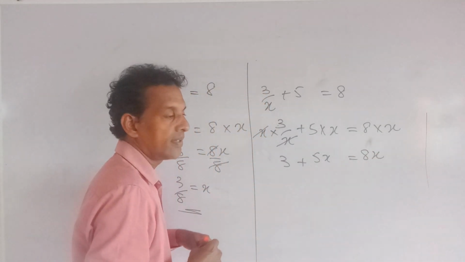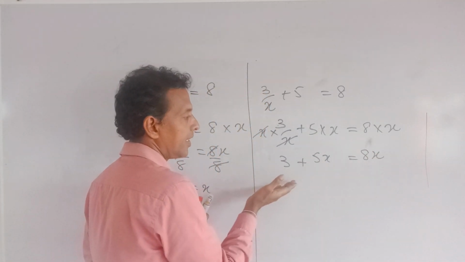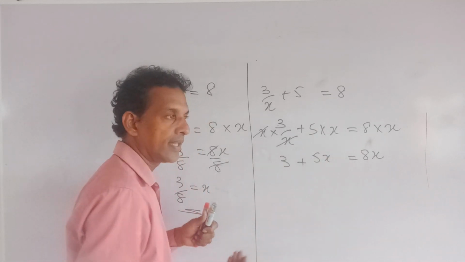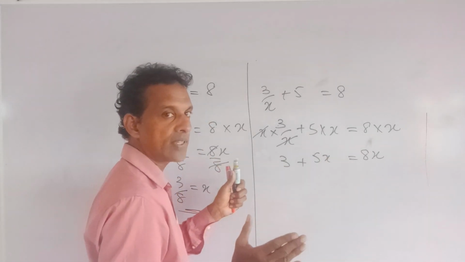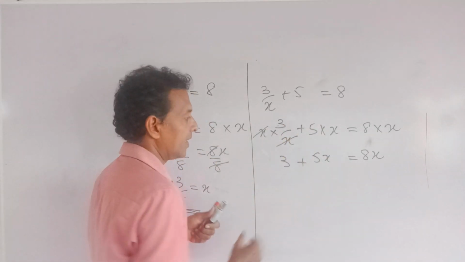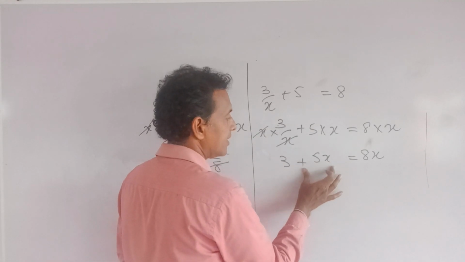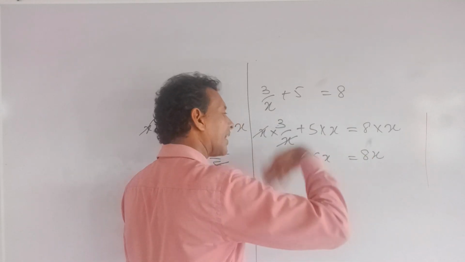After that, what I told you: if you see the variables on either side of the equation, take all the terms to one side. 5x is smaller than 8x, so take this to the other side.